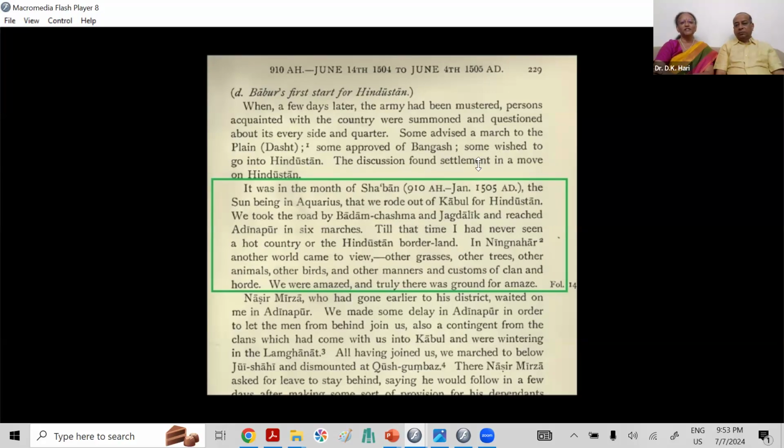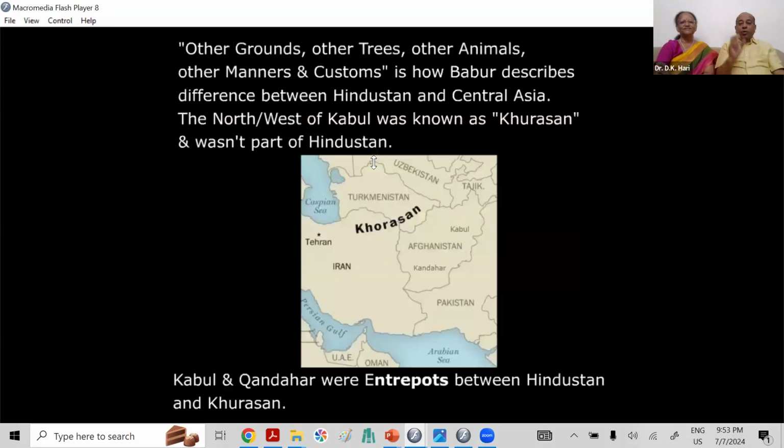The discussion found settlement in a move on Hindustan. If this discussion hadn't found a settlement, then the history of India would have been totally different for 500 years, because they had three options, but they chose the eastern option then. So that's a different point I wanted to tell you, in history how small changes change things for centuries together. Small decisions change the history of the land literally for centuries.